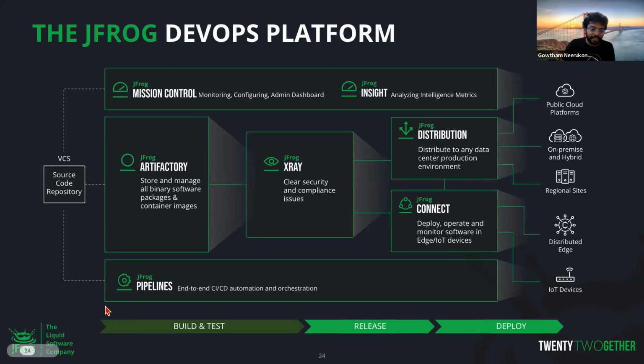We have a CI/CD orchestration tool called JFrog Pipelines that can be a good alternative to your existing traditional CI tool like Jenkins, for example, with completely YAML-based configuration, and it supports static and dynamic node pools. We also have JFrog Insights and JFrog Mission Control that can be a command and control center to monitor the system health and performance of the various systems present in your JFrog platform. So if you are interested, you can sign up for those follow-up webinars as well.